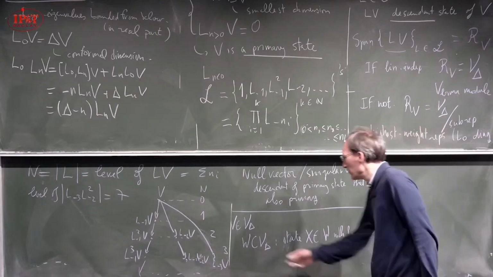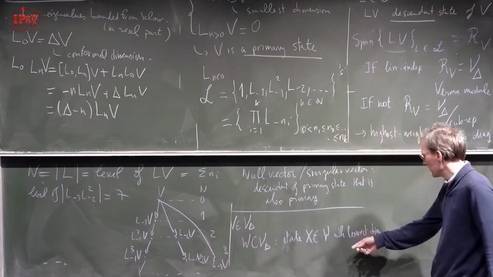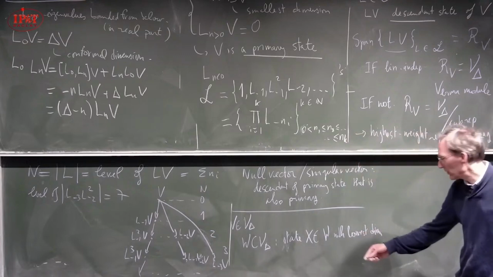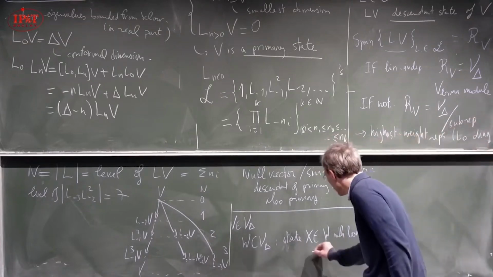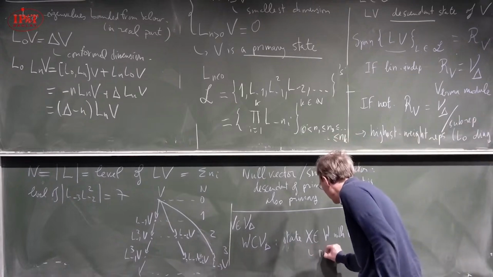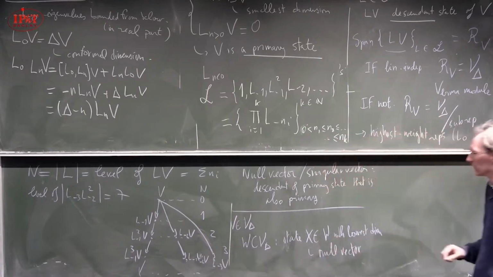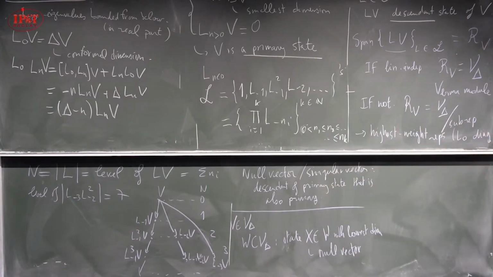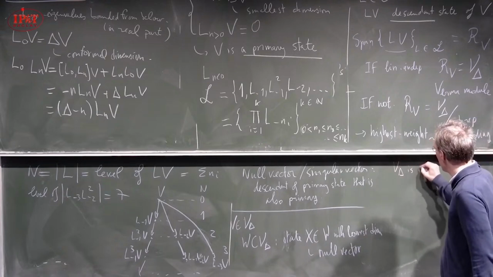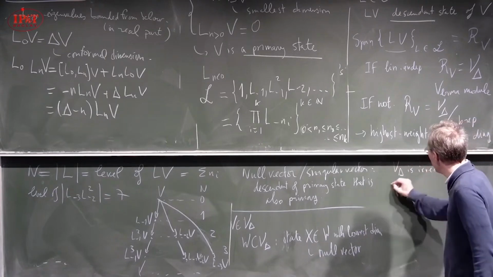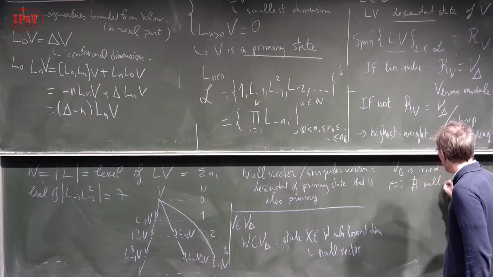Well, since W is a submodule, it is a descendant of V, but since it's the state with lowest dimension of the submodule, it is itself primary. So this X is a null vector. And therefore, the Verma module is irreducible if and only if there are no null vectors in that module.